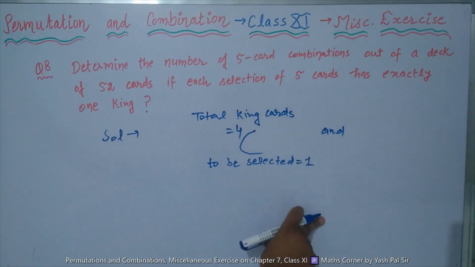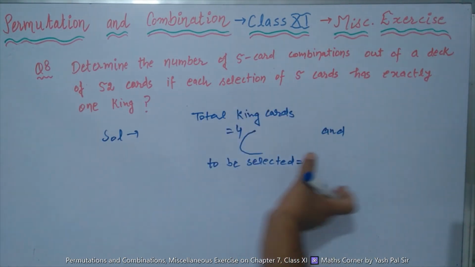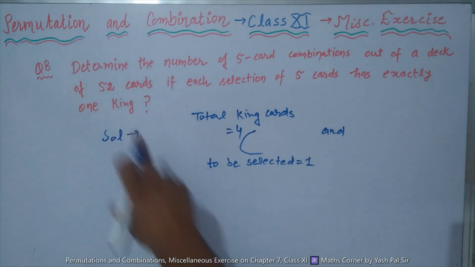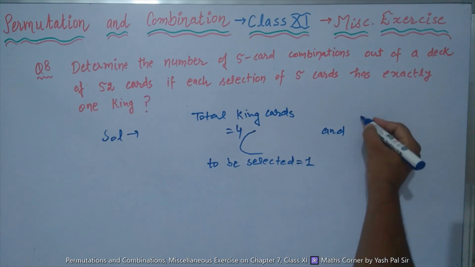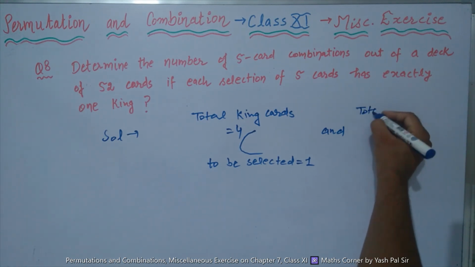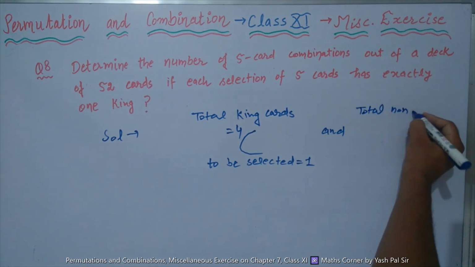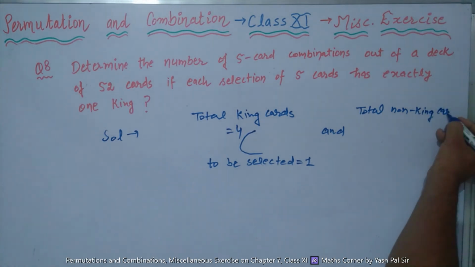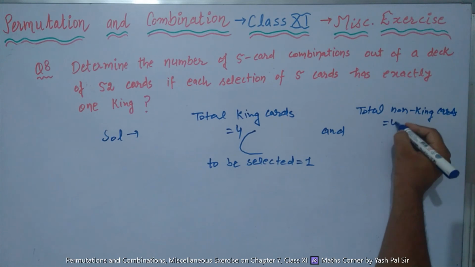And out of non-king cards, if 4 king cards are placed one side, now out of 52 cards, how many are left? We are left with 48 non-king cards. Total non-king cards, they are equal to 48.